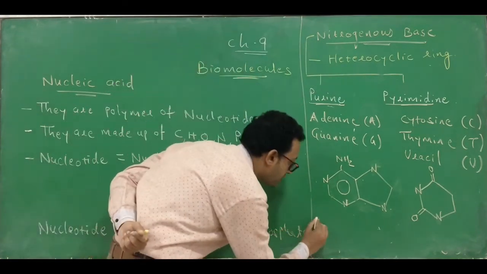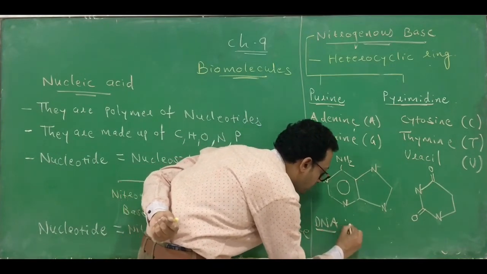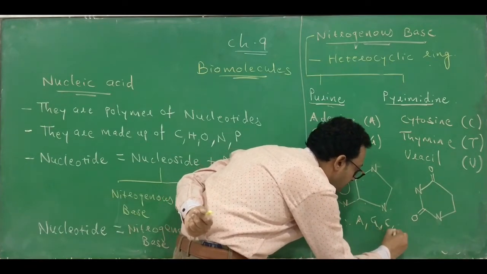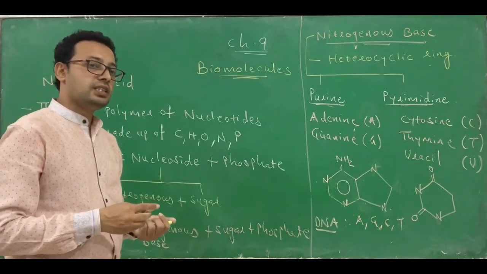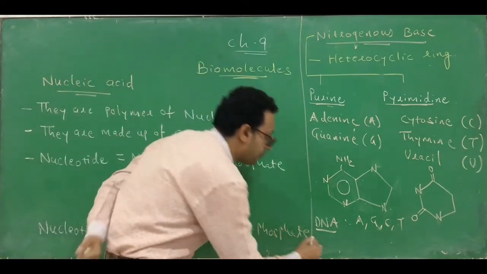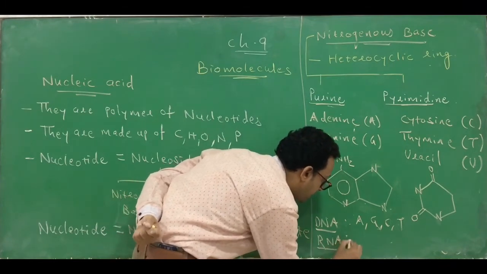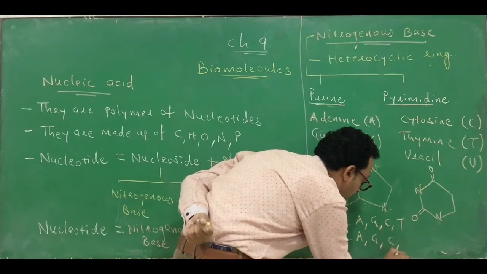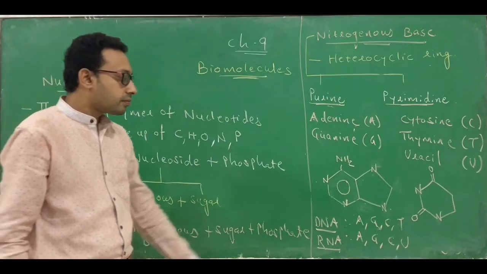Remember, in DNA the nitrogenous bases present are A, G, C, T. These 4 nitrogenous bases are present in the structure of DNA. Similarly, in the structure of RNA, ribonucleic acid, A, G, C, U are present.